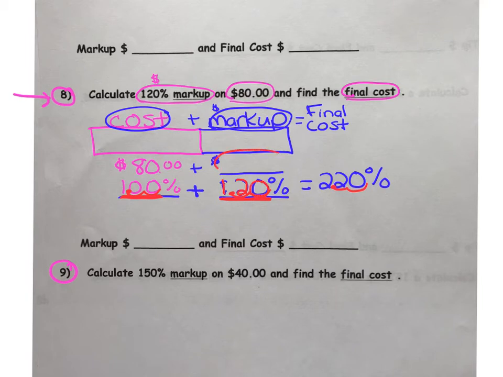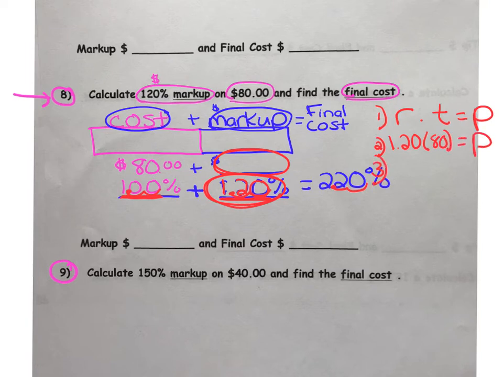Well, let's calculate our markup, the amount we're going to add on to the wholesale price. Start with your formula. R times T equals P. We're going to use this rate to calculate the markup. 1.20 times $80.